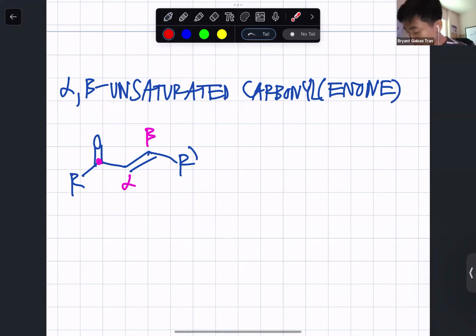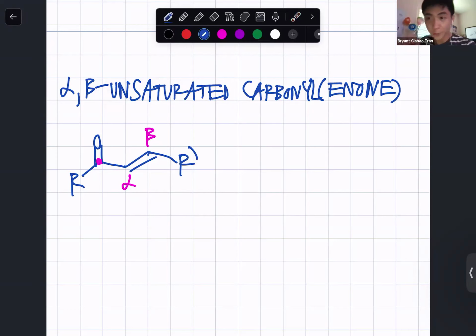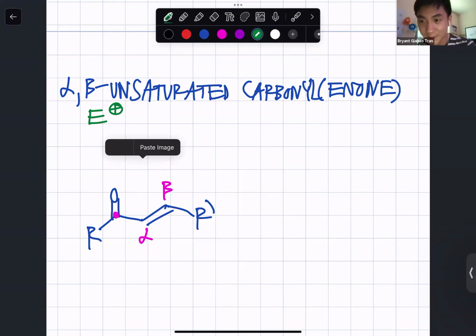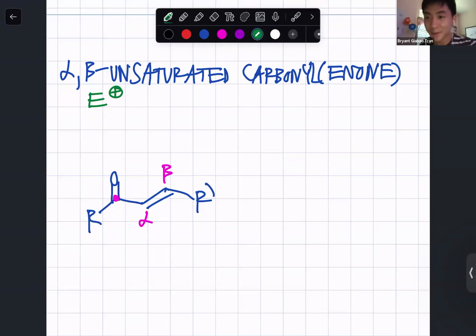You could also see this as an enone, like an alkene next to a ketone, but it does not have to be a ketone. It could be an aldehyde. So that's an enone. Whenever you see an enone, always think of an electrophile. An enone is always going to be an electrophile in some reaction, like Michael addition, Robinson annulation, and all these other reactions I'm going to go over with you.